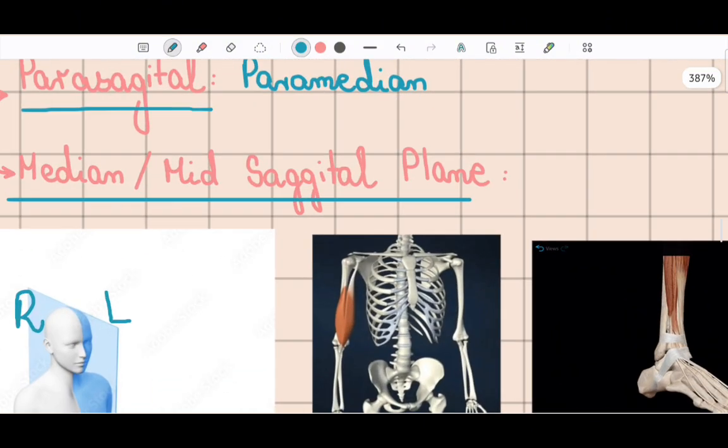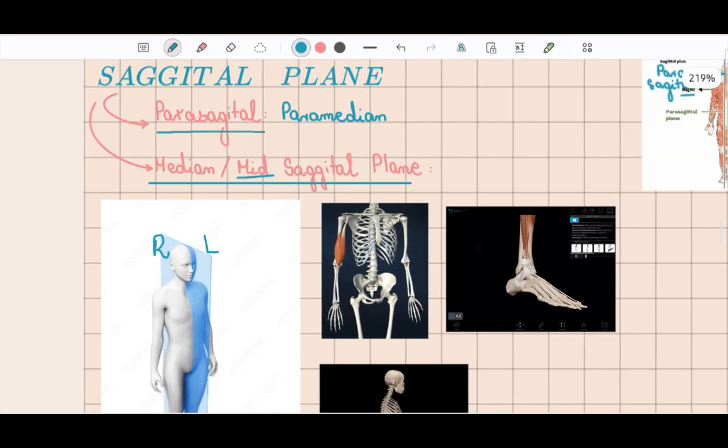So it's also called a mid-sagittal plane. If you bring the sagittal plane towards the midline, it's a mid-sagittal plane. If you bring the sagittal plane parallel to the median of the body, it's called a parasagittal plane. Okay, till here I think everything is clear.